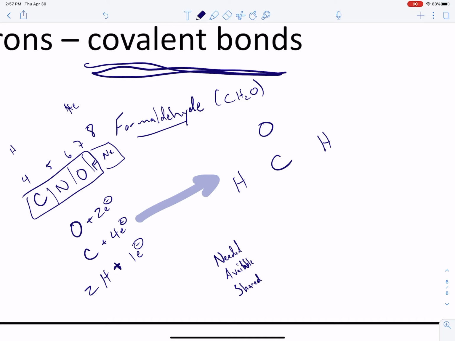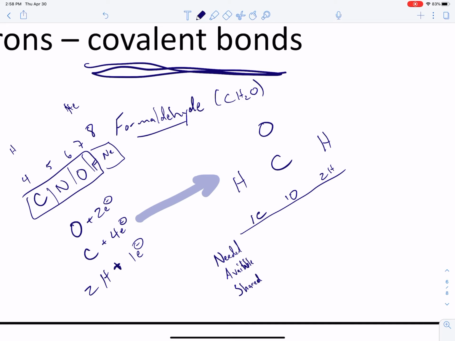What this allows you to do is to figure out how this hydrogen, carbon, and oxygen can be associated one with another. This is really, really good for covalent compounds. So I know I have one carbon, one oxygen, and two hydrogens, okay? So now I'm setting up a neat little table here, right?